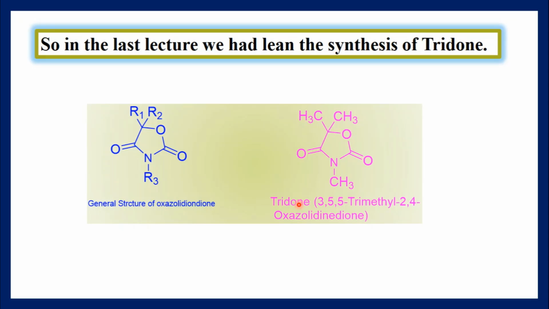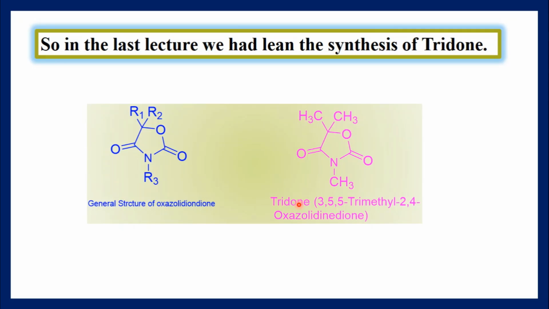Then that ethyl dimethyl glycolate on reaction with urea in presence of sodium ethoxide gives the adduct, and that adduct on intramolecular cyclization by the loss of ammonia gives the oxazolidine dione derivative.